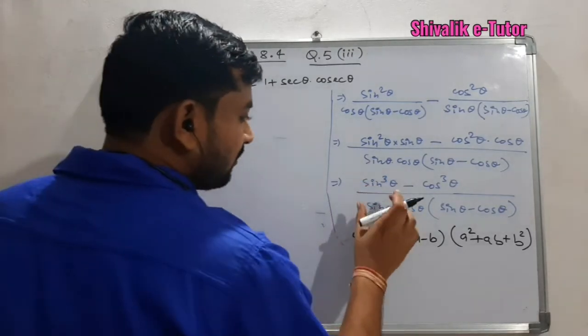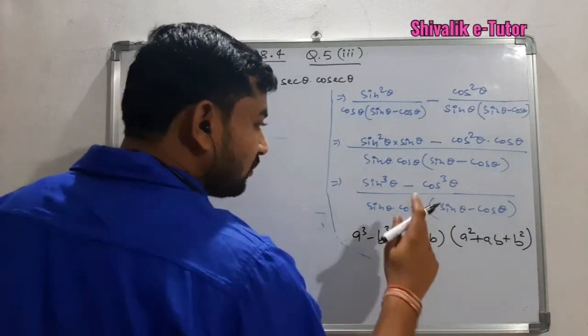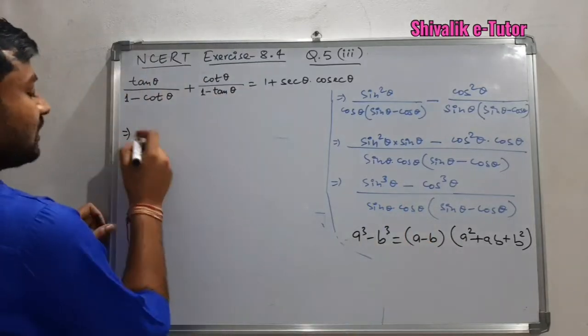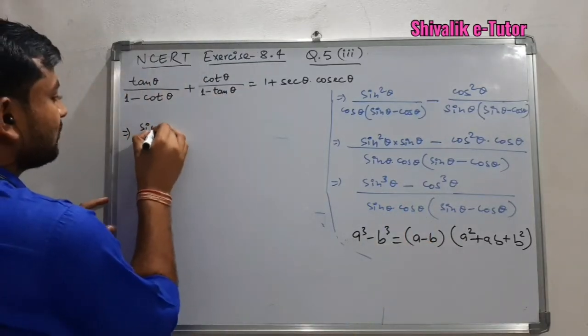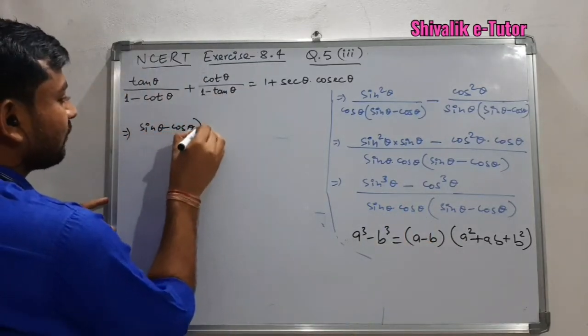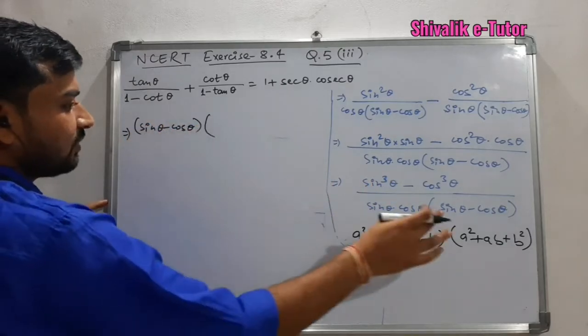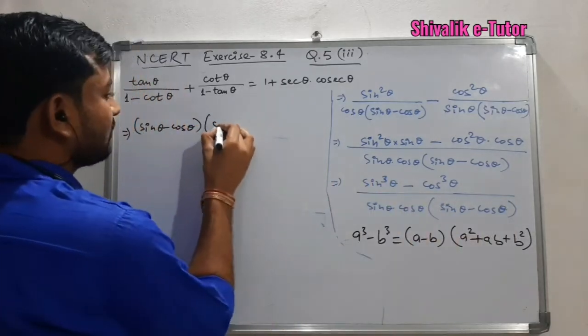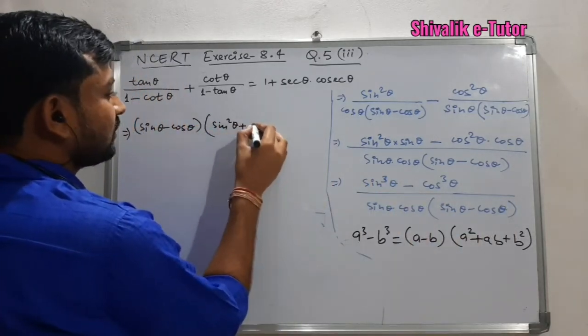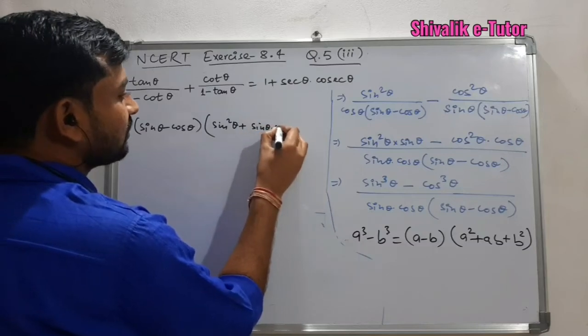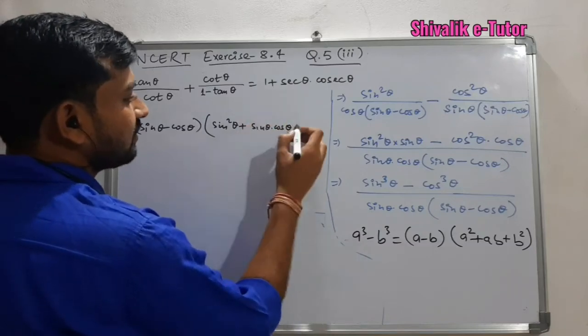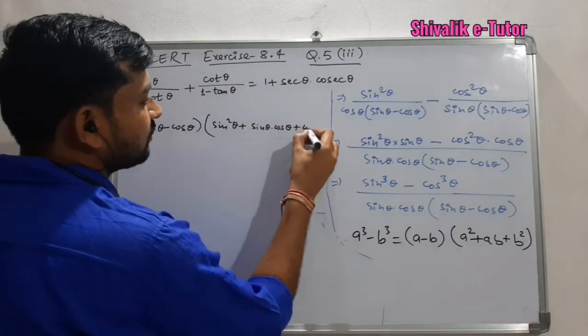So the value of a here is sin theta and the value of b is cos theta. So the LHS becomes now a minus b, meaning sin theta minus cos theta into, here we have to write a square, meaning sin square theta plus sin theta cos theta plus cos square theta.